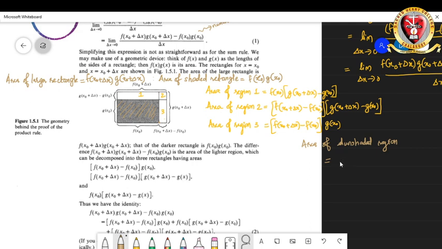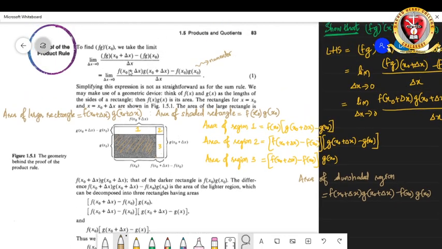So it can be written as f of x naught plus delta x into g of x naught plus delta x, minus f of x naught g of x naught. So you can understand that this is the numerator we are talking about.